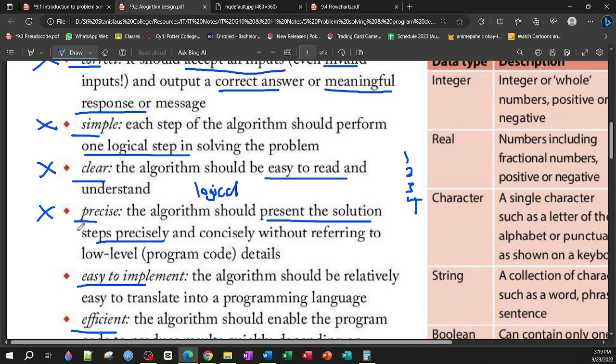And the last part of being precise says that we should not refer to low-level code. This is something we're going to learn later on. But low-level code, does anybody know what low-level code or programming code is? Yes, sir.